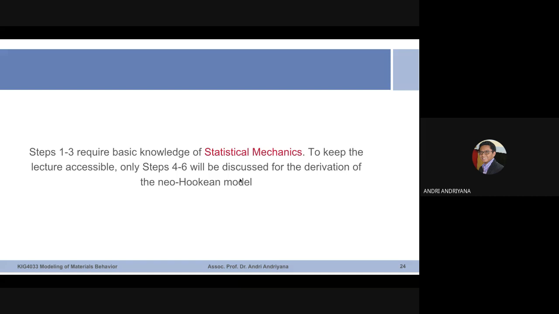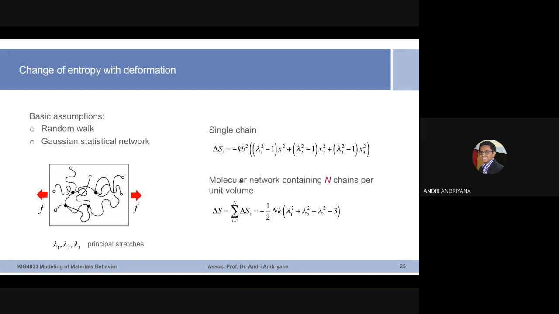So we go to number 4: change of entropy with deformations. Basic assumptions, again, I will not go much into the detail: random walk, Gaussian statistical network. Please look at the literature. So we come up with these expressions for how the entropy of the polymeric chain will change with deformations.